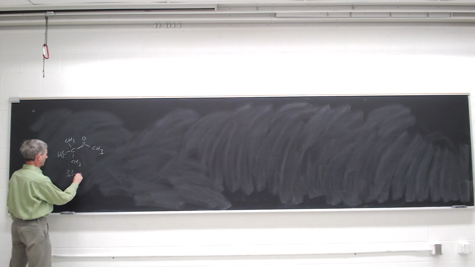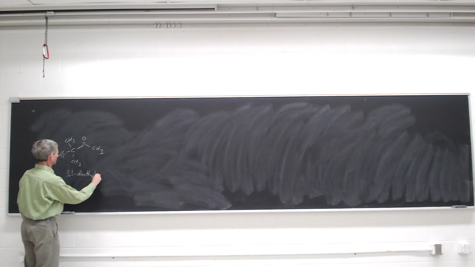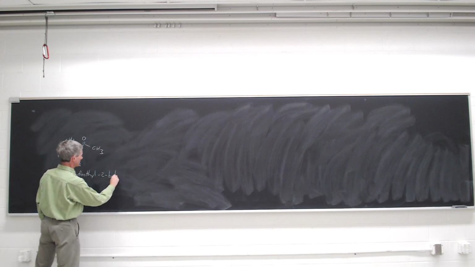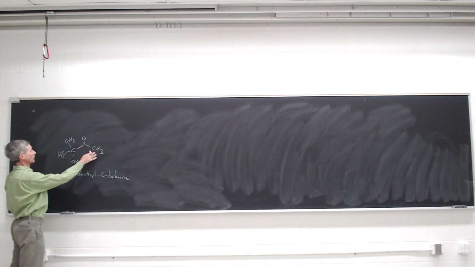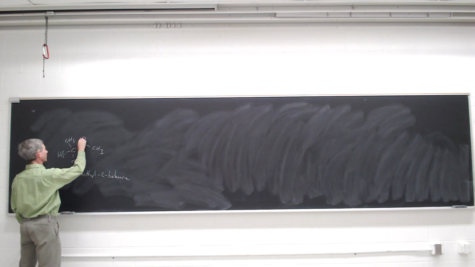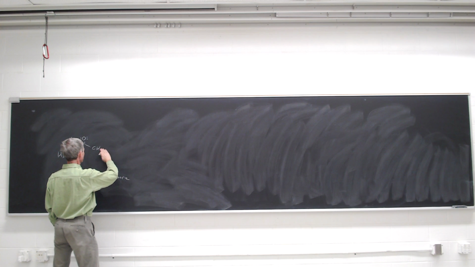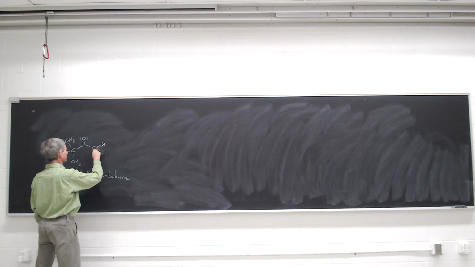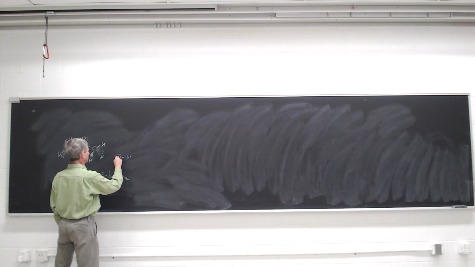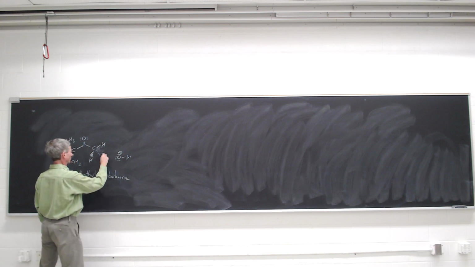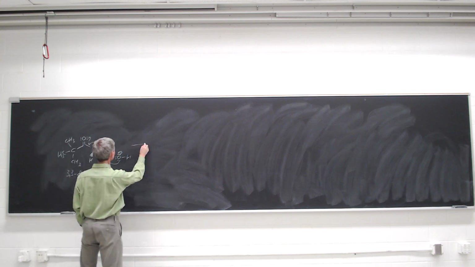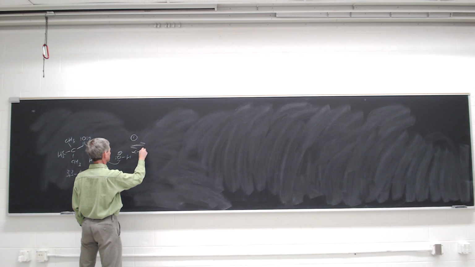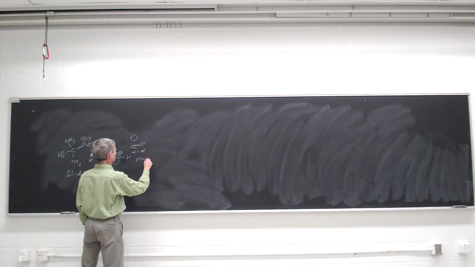dimethyl, and you'll notice I've chosen this intentionally so that there's an alpha hydrogen on only one side and no alpha hydrogen on the other side. We would expect the enolate to form readily.